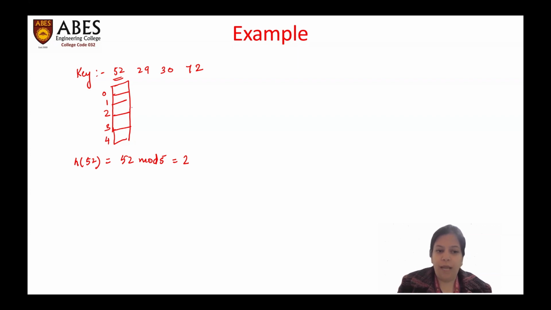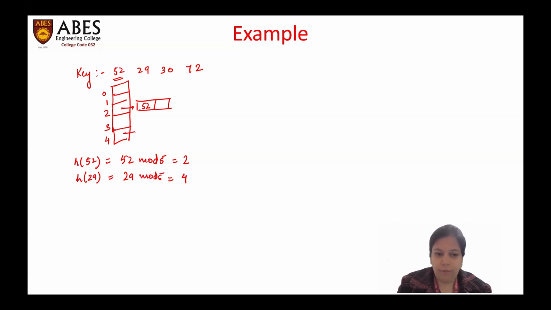In case of open hashing, we are going to create a single linked list here. And every node of this linked list will store the value of the key. So here 52 will be stored in the node, and the address of the node will be stored at index 2. Again, we have to map value 29, and as you can see, 29 will be placed at index 4.